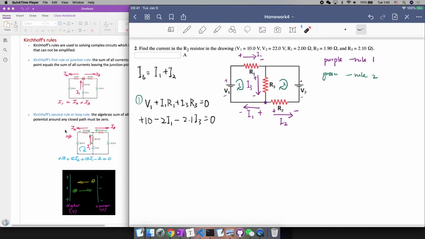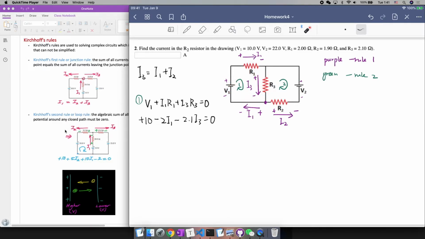In rule 1, I chose the direction of the current to go this way, right? But at the second rule, I again choose the direction to go this way, which makes the purple marks seem useless. Because we don't need these marks to tell us which one has higher, which one has lower, because it just goes this way, right?